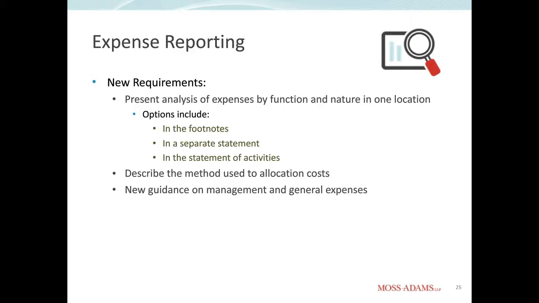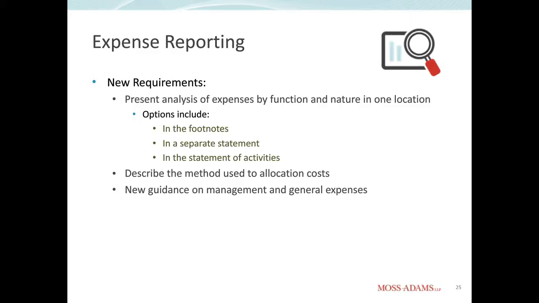The reporting of expenses by nature and function is useful in associating expenses with service efforts and accomplishments of not-for-profit organizations. The relationship between functional classification and natural classification for all expenses is to be presented in an analysis that disaggregates those functional expense classifications, such as program services and supporting services.